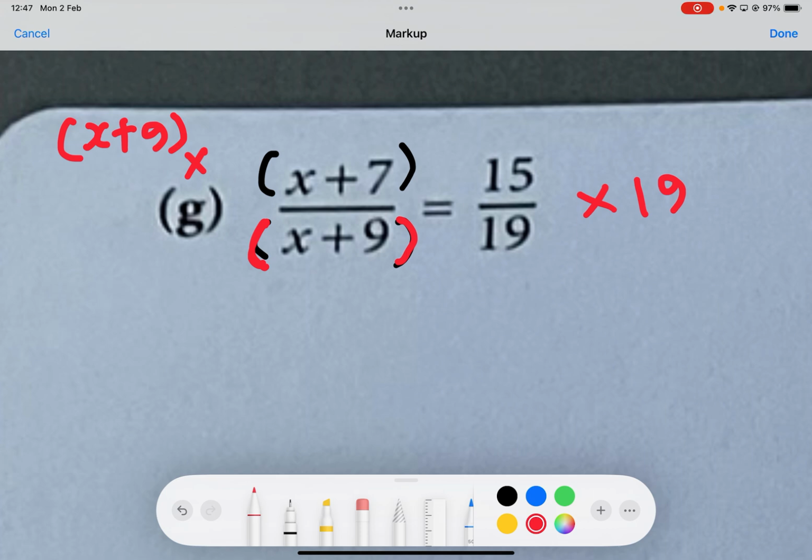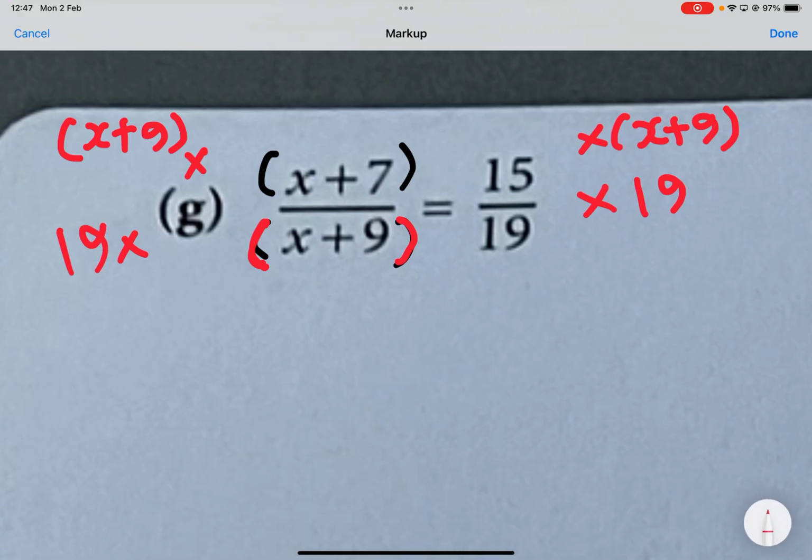Left must be equal to the right. So if I multiply this bracket to the left, I need to multiply the same bracket to the right also. And then because I want to multiply 19 to cancel this on the right, my left also needs to multiply 19. Like that, then I can write the next equation, for the left still equals to the right.